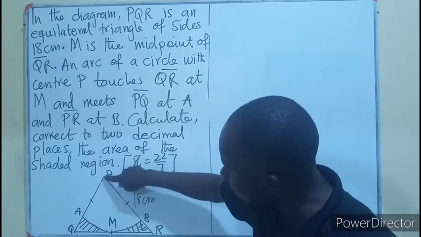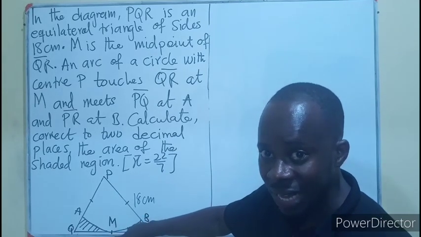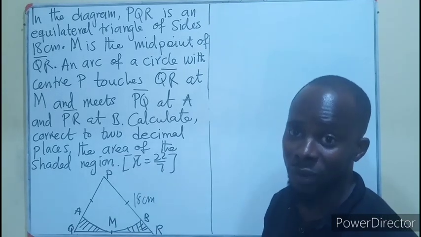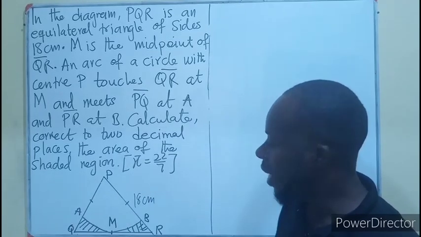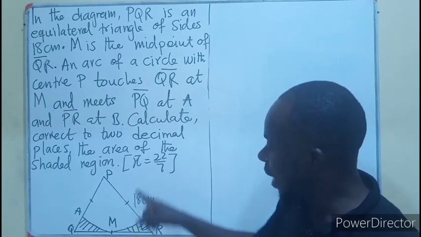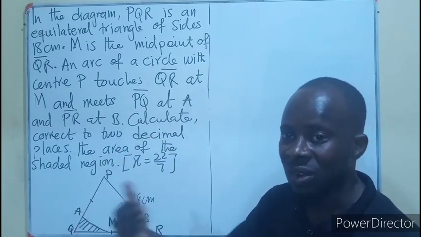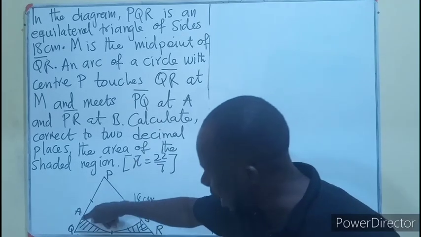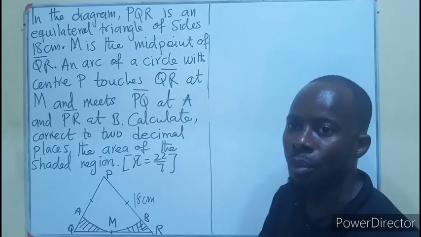Any line drawn from the center touching the circle will also be a radius. So in this case, we need the area of a sector and the area of a triangle. The area of the triangle is the bigger figure, so the area of the triangle minus the area of the sector will leave us the area of the shaded portion.